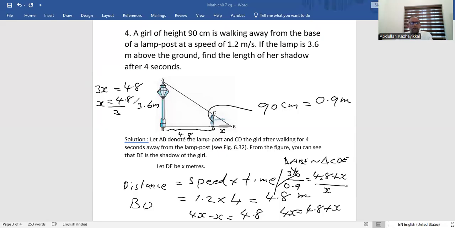4.8 by 3 is 48 by 3. The answer: 3 sixteens are 48. 1 decimal place is there, so 1.6 meter. You got the answer, my dear children.